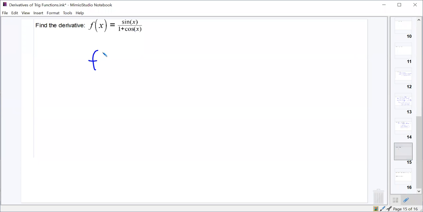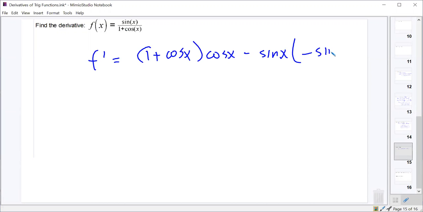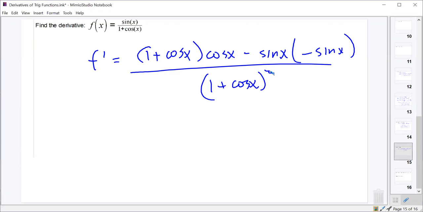So the derivative should be equal to the denominator, 1 plus cosine x, times the derivative of our numerator, which is cosine x, minus the numerator, sine x, times the derivative of our denominator, and the derivative of 1 is 0, and the derivative of cosine is negative sine x, all over 1 plus cosine x squared.